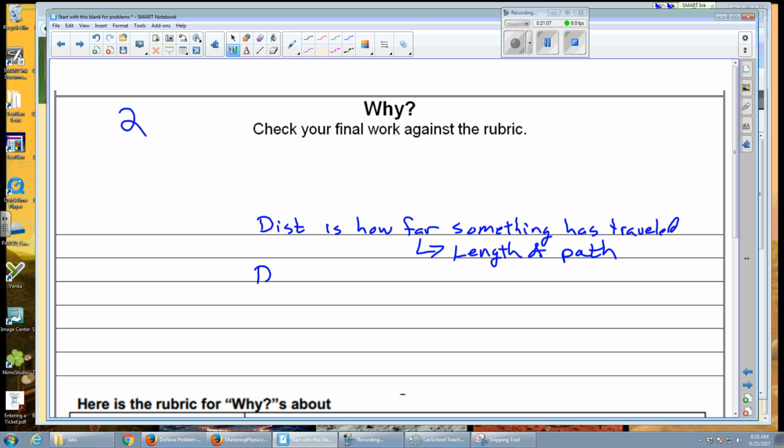And then I should show I understand what displacement is: how far I end up from where I started. And I might even put in here something like straight line.